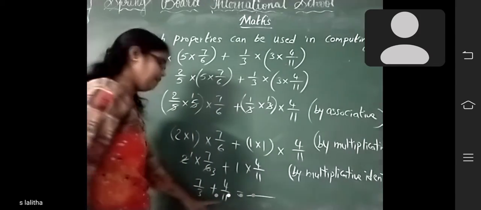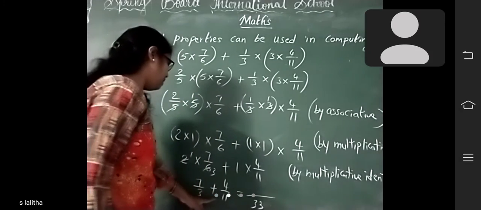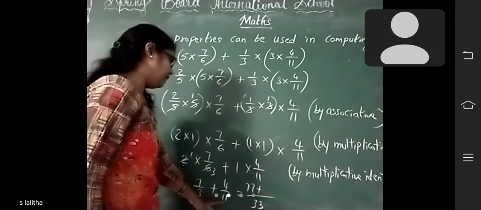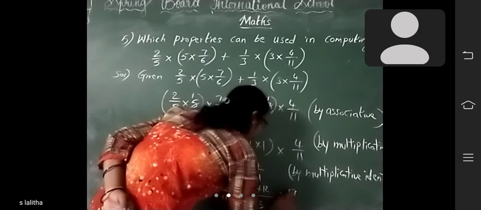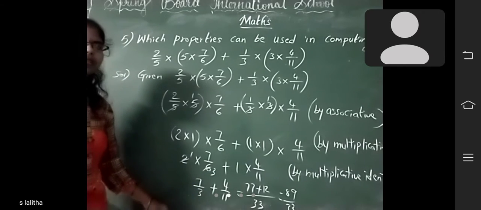For 3 and 11, what is the LCM? 33. So 11 times 7, 77. Here 3 times 4 is 12. So 77 plus 12, how much? 89 by 33.